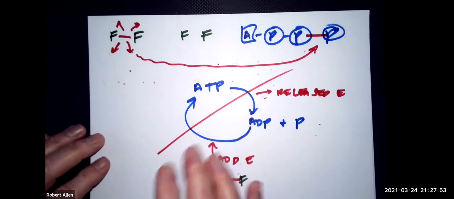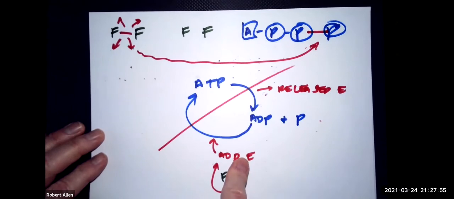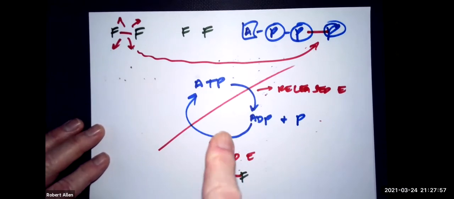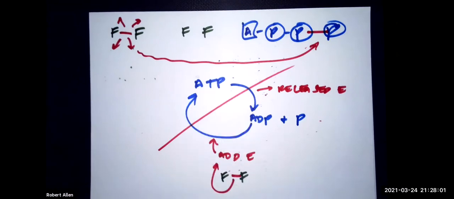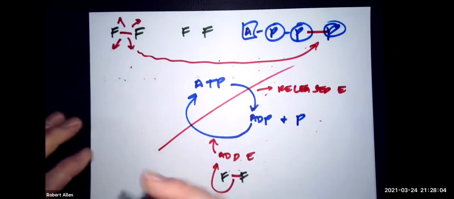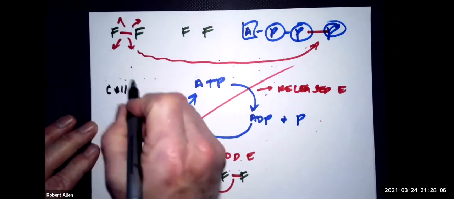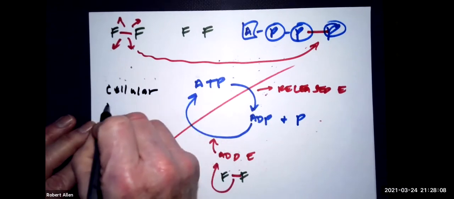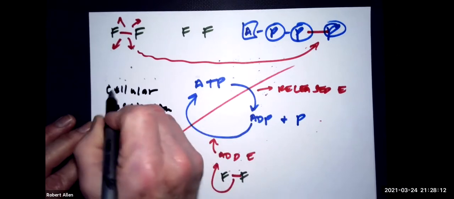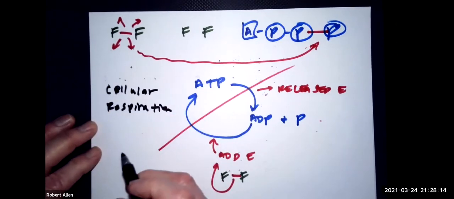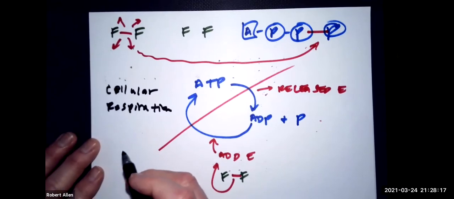This whole process of breaking down food and using the energy to recycle ATP is called cellular respiration. All right, that's the name, cellular respiration. I know it sounds a lot like respiration, which is also breathing, but it's not the same thing.